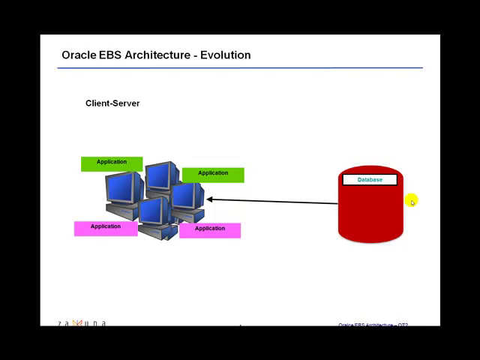In the client-server architecture, the main idea is that the bulk of the business logic, which does not require inserting information into the database or interacting with the database, would run on the application on the client.